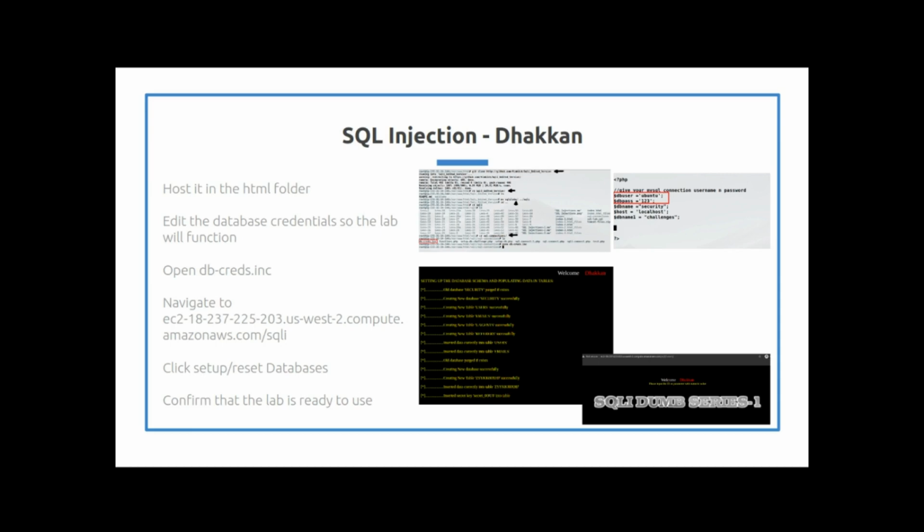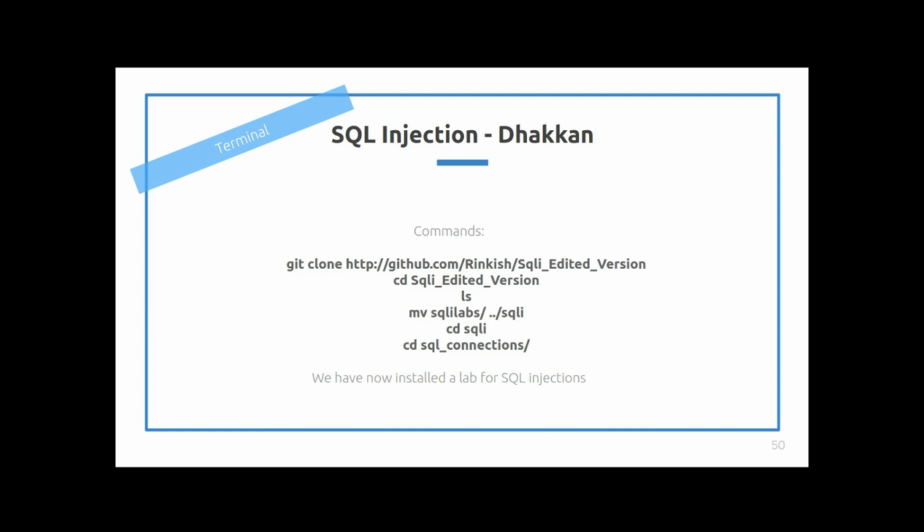So let's take a look at the commands before we put them in. You want to go to the var www HTML directory, and then you want to put in this GitHub repo right here, and then you want to rename.